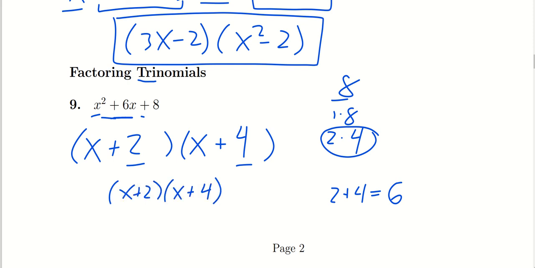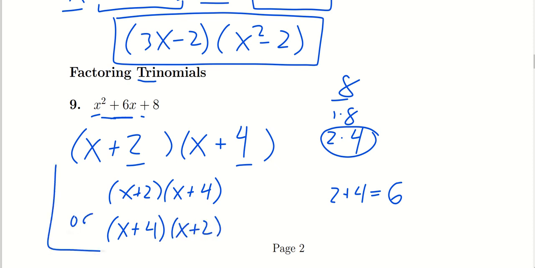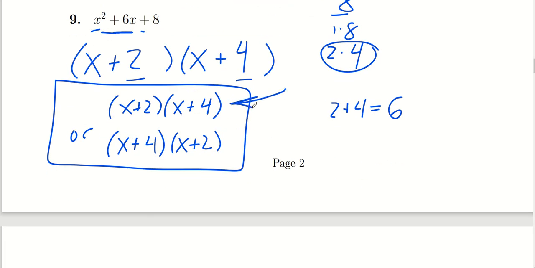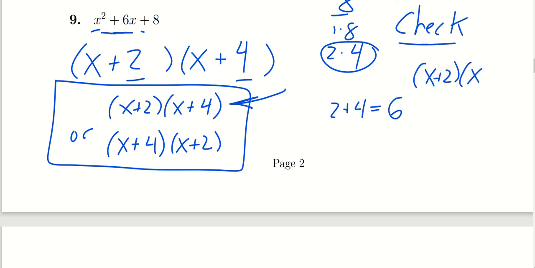We know that multiplication is commutative, so you could have even written your answer as x plus 4 times x plus 2. Either one of them would have been the correct answer. Okay. Again, especially when you do trinomials, if you feel unconfident with these, it's a good idea to check it. In order to check this, keep in mind you need to use the distributive property. Some of you might be calling it FOIL, but let's check this.